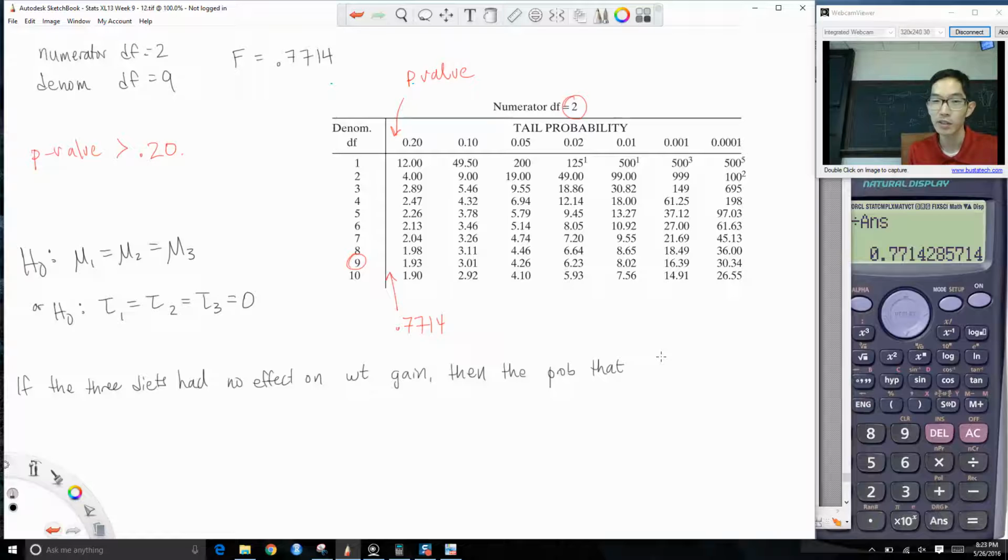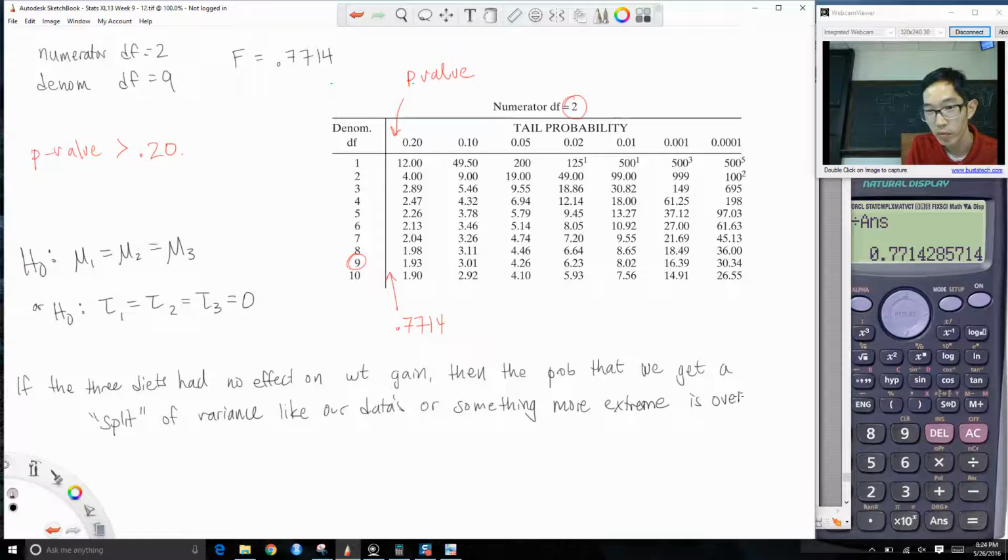So the probability that we get a split of variance like our data's, or something more extreme, is over 20%.